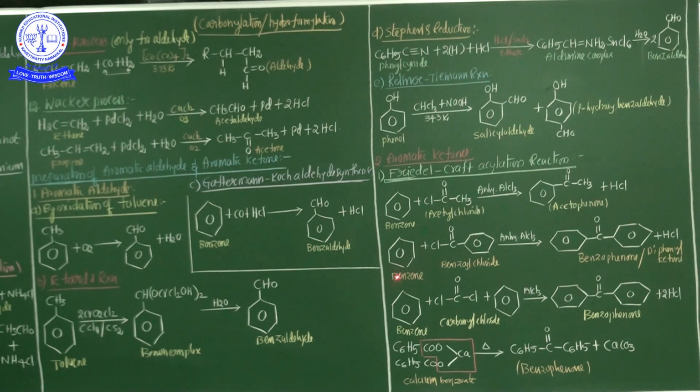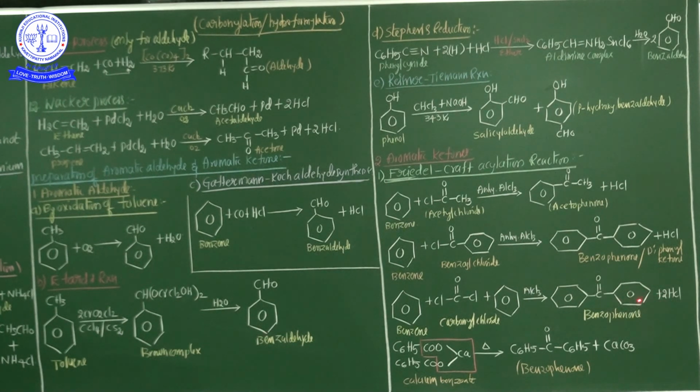And one more, see, benzene, benzoyl chloride, in the presence of anhydrous AlCl3, diphenyl ketone is formed. Another name is benzophenone, additionally HCl. And one more example, see, benzene treated with carbonyl chloride, this is carbonyl chloride, and two benzene treated with carbonyl chloride in the presence of AlCl3, benzophenone is formed.